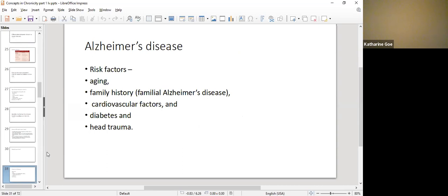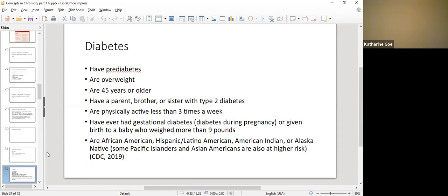Alzheimer's disease. The risk factors for Alzheimer's disease: a biggie is age, family history to some degree, and cardiovascular factors can impact the risk. Diabetes and head trauma are big risk factors, but age is the primary one.